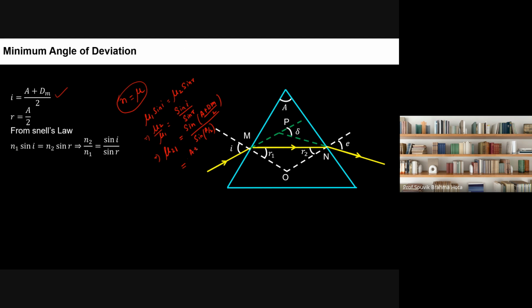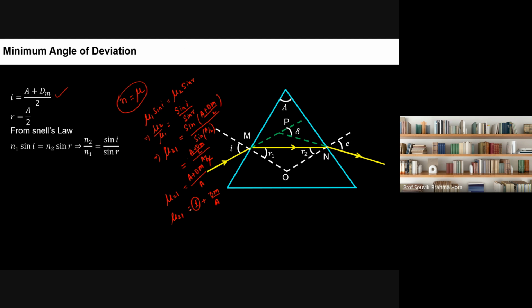So (A plus dm) by 2 by A by 2. The 2 gets cancelled. So I can say (A plus dm) by A, that is equal to mu 2 to 1. So mu 2 to 1 is equal to A by A is 1, plus dm by A. Now if I want to get dm, what should I do?